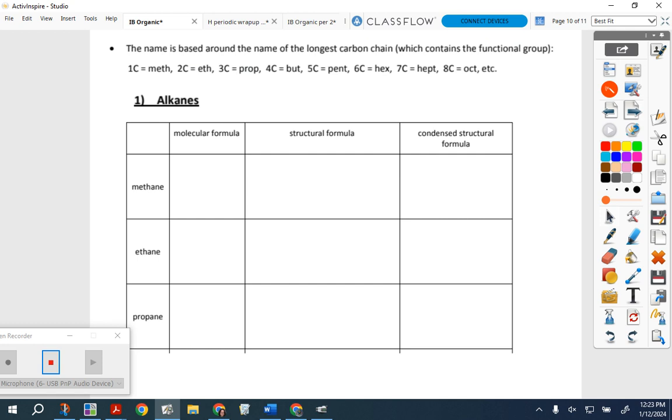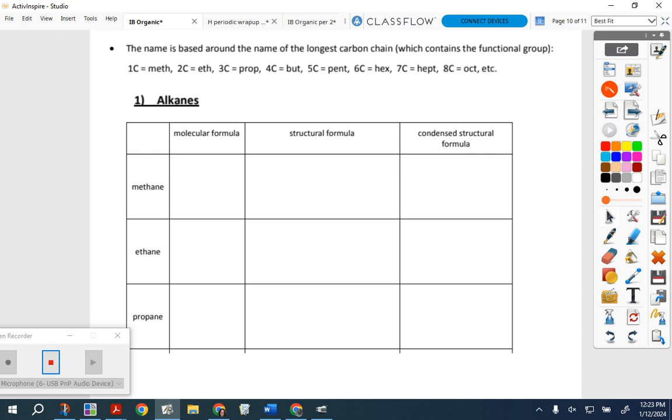Okay, so what I want you to do is look at the short packet that I gave you, the smaller packet, that has a bunch of spaces to write structures and names and things like that. And we're going to start simple. We are going to start with what is known as the alkanes.